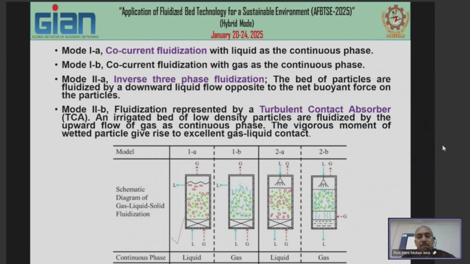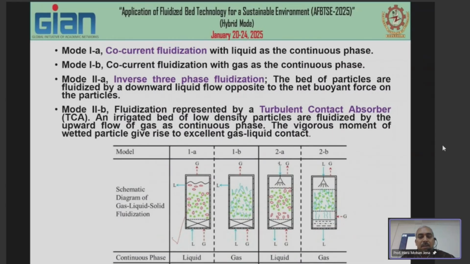If the bed is occupied with the liquid and the solid particles are present, the solid particles will float and be attached to the top distributor plate. So it is in the floating condition. There is no fluidization. That means it is forming a fixed bed at the top.